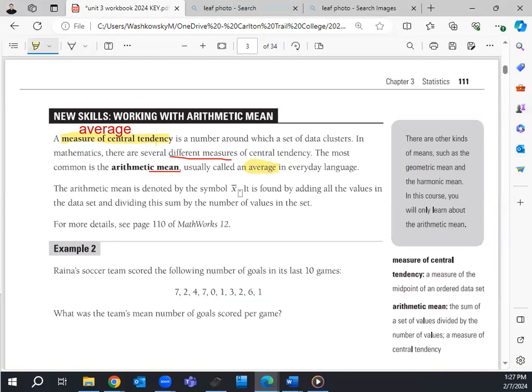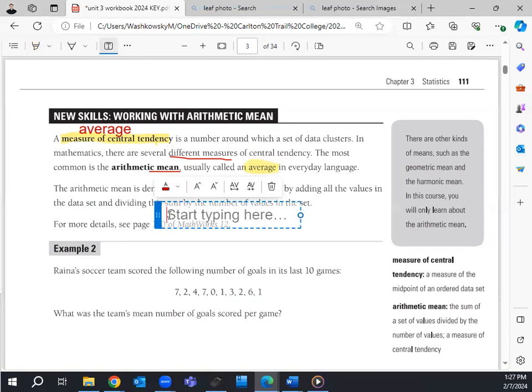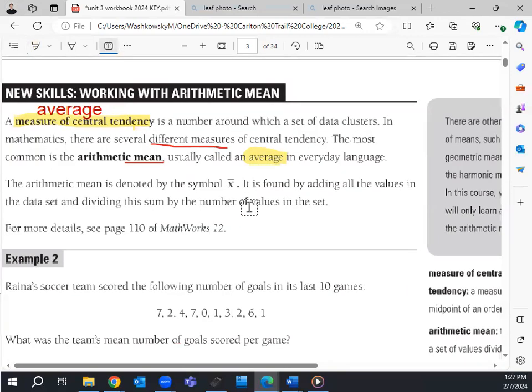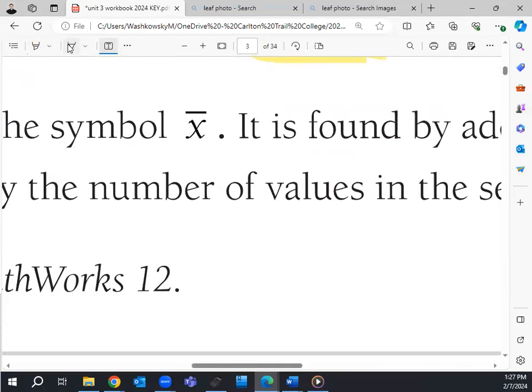We also have a special symbol. Remember, mathematicians are super lazy. Instead of having to write the average, the basketball player's height, which adds up a lot, we use this symbol here. It's an X with a line over top of it.